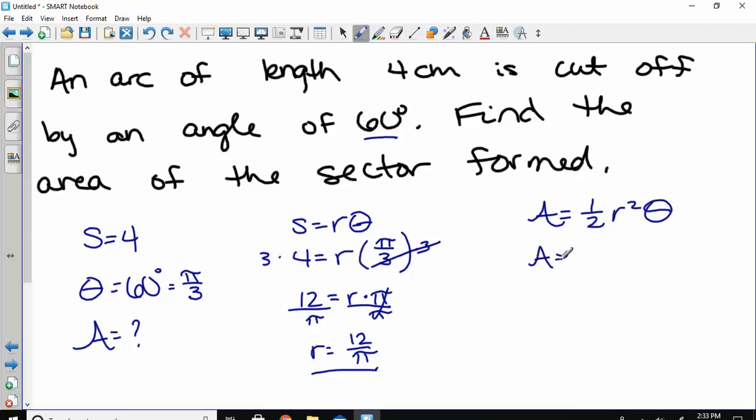Okay. So then we can plug in A is 1/2 R, so 12 divided by pi, squared, theta is pi over 3. So I'm going to put this all in my calculator. This would be a problem where I would probably just go ahead and plug in the pi's as well.